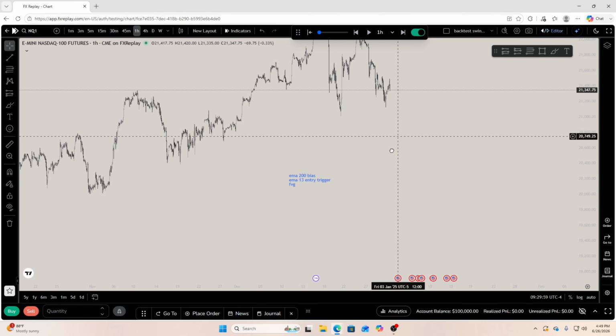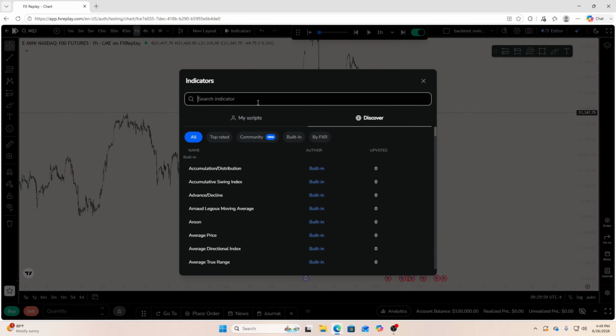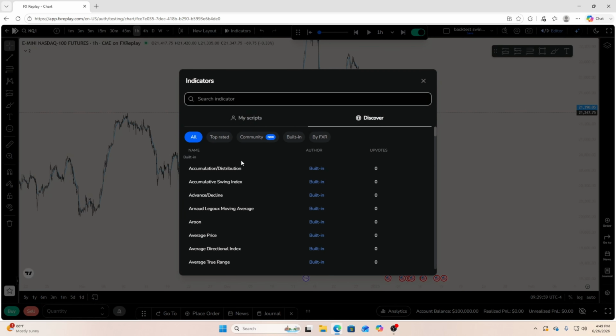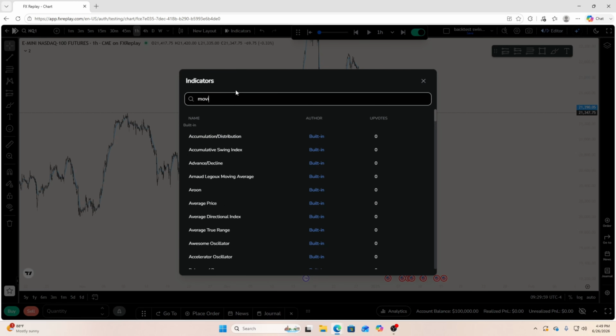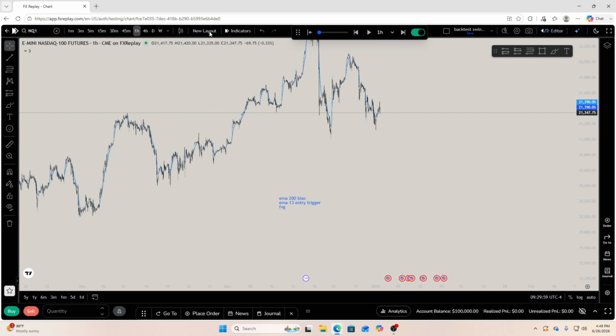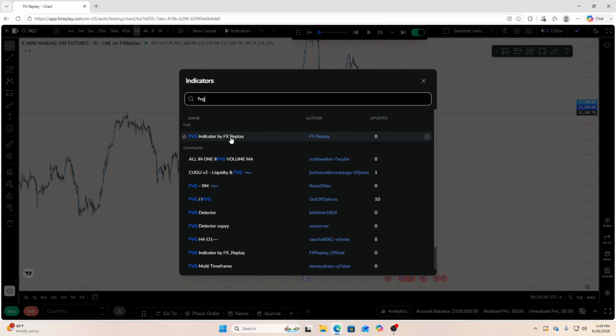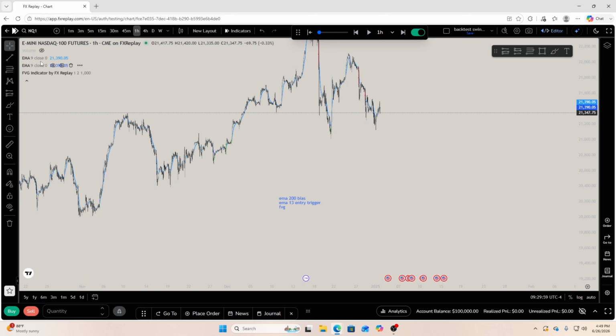Now we're going to get into the actual model, and I'm going to add those indicators right here. We are on this thing called FX Replay. For the EMA, moving average exponential, you're going to need that twice. Then you get your IFVG indicator. It's the same thing on TradingView.